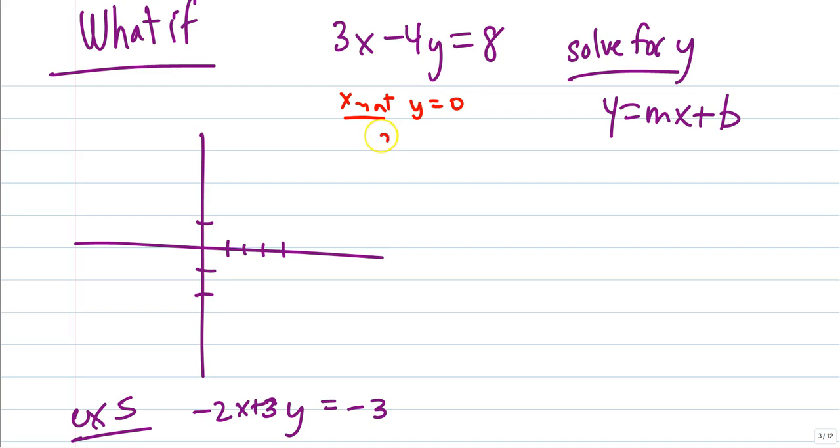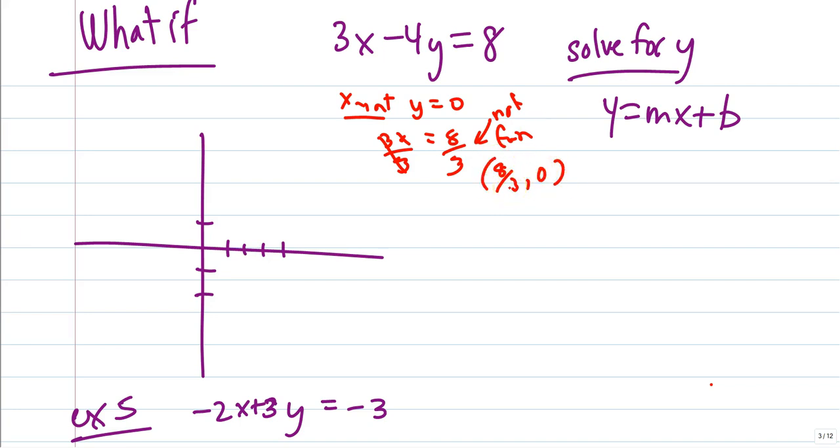I would get 3x minus 4 times 0, so 3x equals 8, x equals 8/3. Let's graph the x-intercept at 2 and 2/3. No thank you, right? The idea is that the intercepts don't always work very well. So this is not fun. I do not want to graph 8/3, 0.